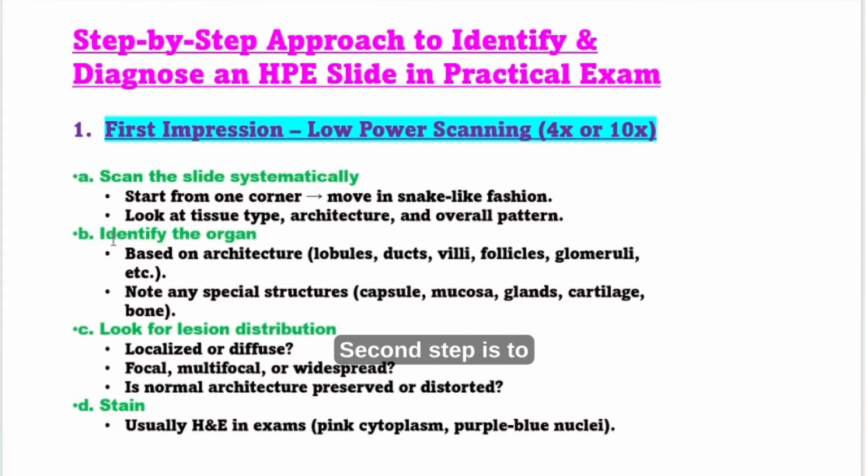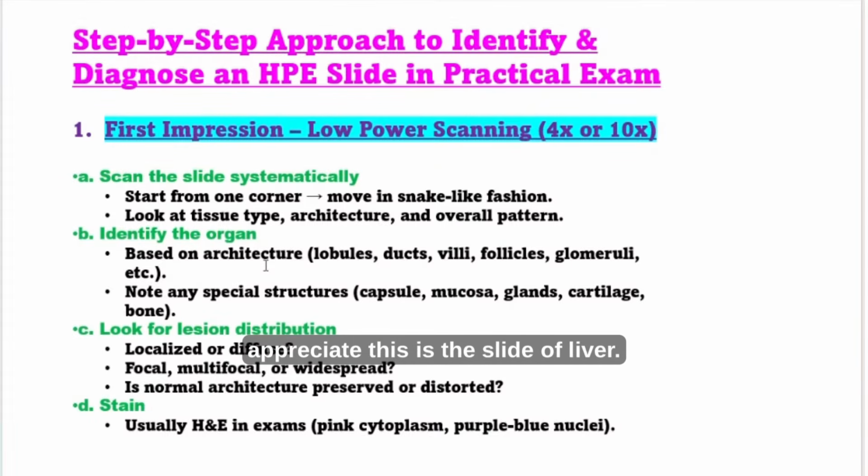The second step is to identify the organ. Based on the architecture, like lobules, ducts, villi, follicles, glomeruli, you must appreciate what the organ is, because if you know the organ, you can easily reach the diagnosis.